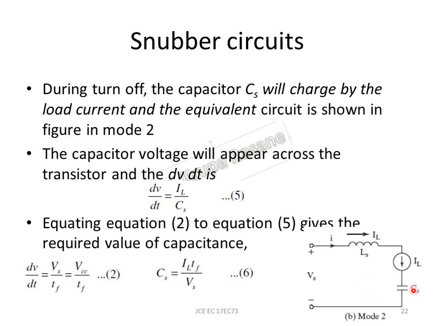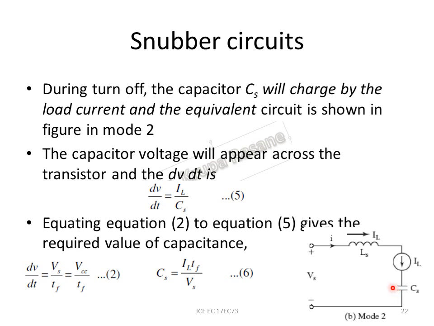What is the work of the capacitor? It is supposed to reduce the dV by dt coming across the device, otherwise it will damage the device. Because a capacitor is known to charge slowly, and if I have a series resistance, it will reduce still further. So the dV by dt coming across the device through this capacitor further reduces.